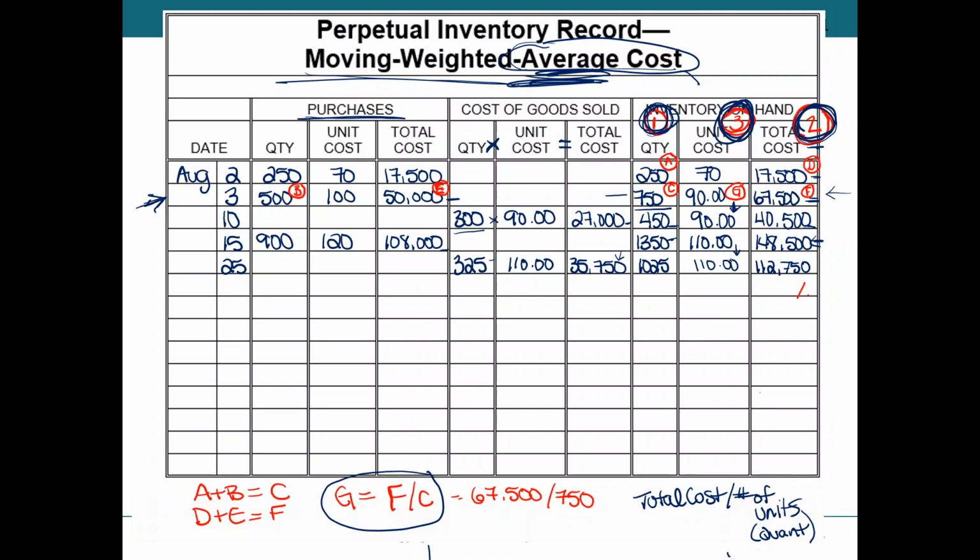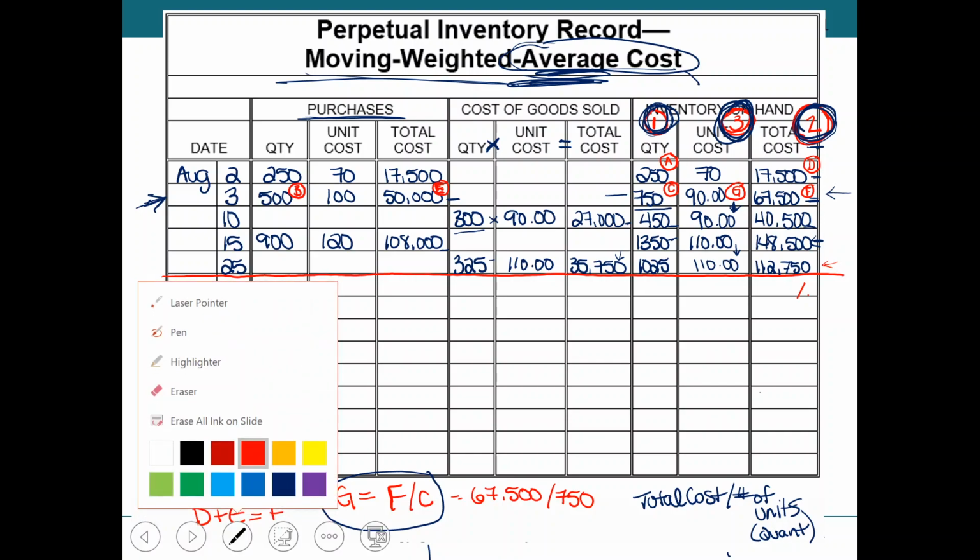Okay. Again, we're at the end of the month, but before we're really done with our tracking, we need to figure out our ending amounts. Because the question asked us to calculate cost of goods sold and ending inventory. So we've got our ending inventory, but we need to figure out total cost of goods sold.